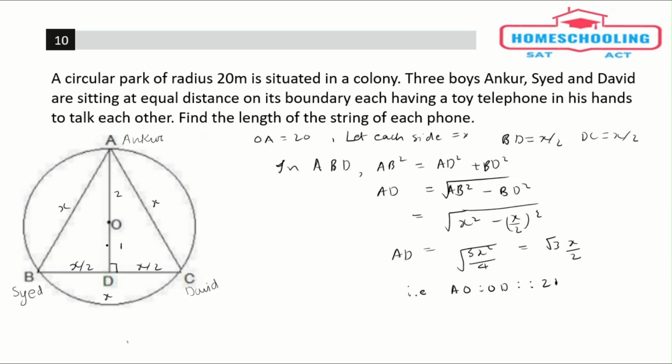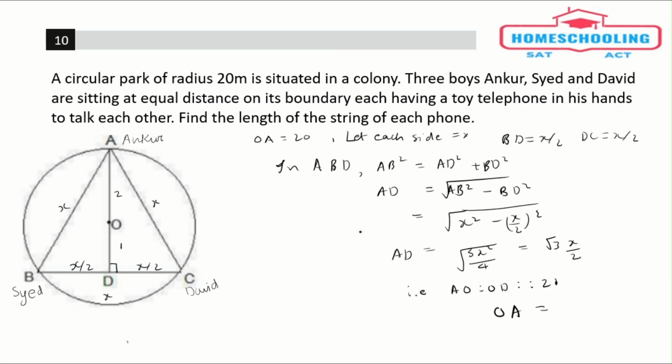If this is 3 centimeter, then AO is going to be 2 centimeter, and OD is equal to 1 centimeter. We have read this in the triangles chapter, in a topic called centroid. So you know that AO and OD would be in ratio 2 is to 1.